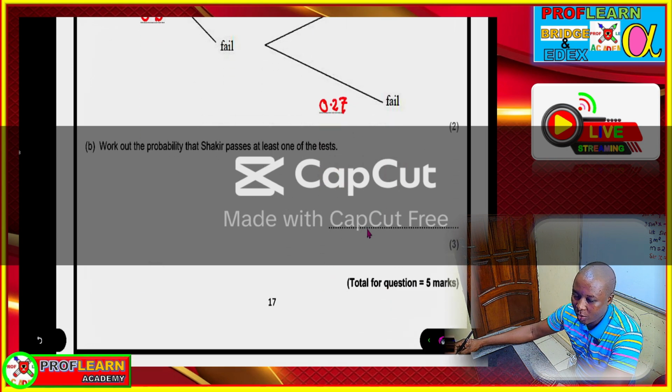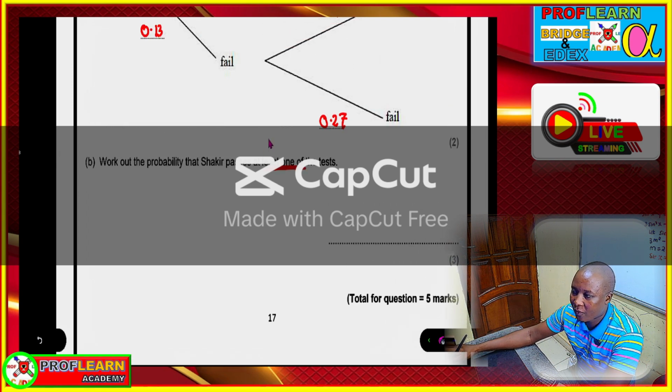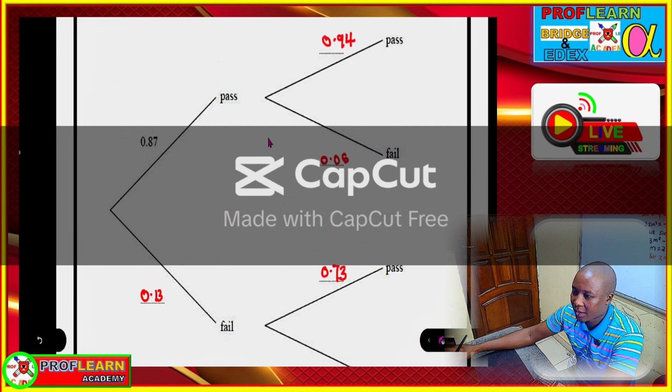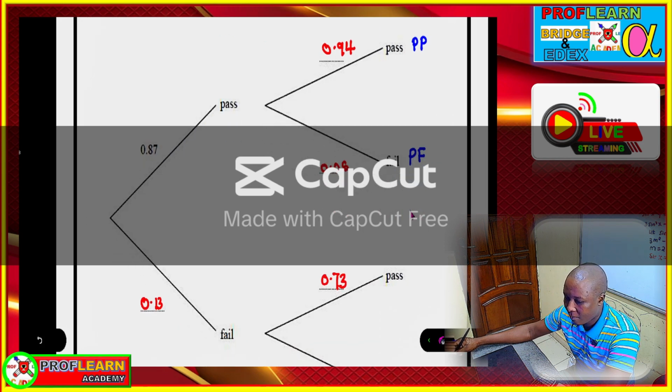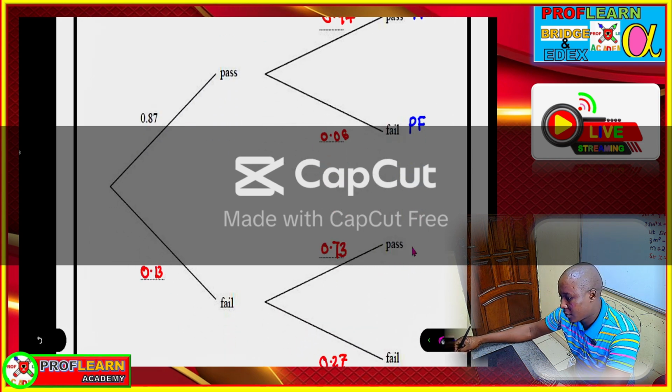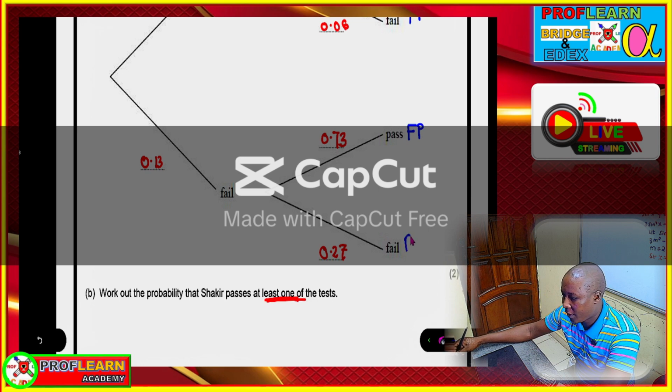Now the question we are asked here: work out the probability that Shakir passes at least one of the tests. So let us try to complete this here. Pass, fail, fail, pass, and then we have fail.